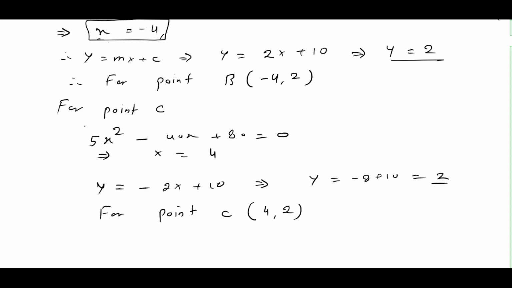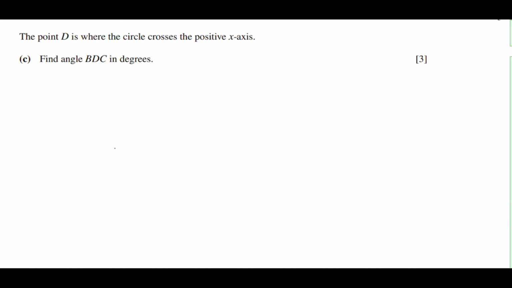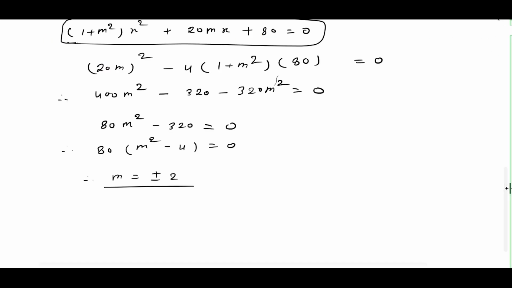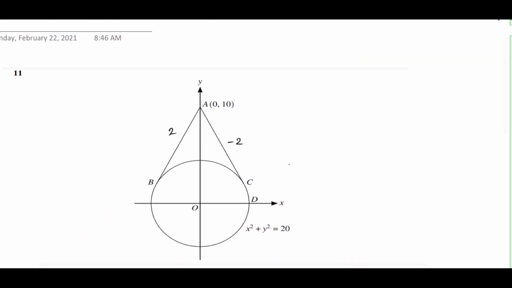Okay, now the final part, the last part of this particular problem. The point D is where the circle crosses the positive x-axis. Find the angle BDC. We have to find angle BDC. So again, I will just see the diagram first. I have to find angle BDC.